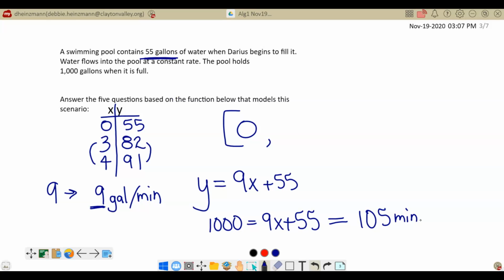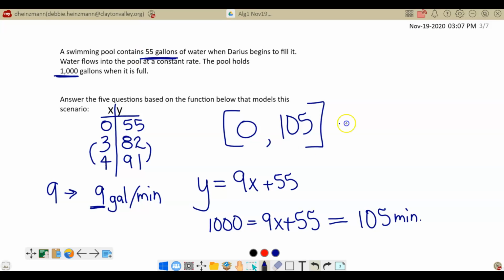Okay, so we know that we've got 105, bracket or parentheses. Well, the pool has 1,000 gallons in it when it's full. So this point, this coordinate, 105, is definitely a point on the line. So we're going to use a bracket.